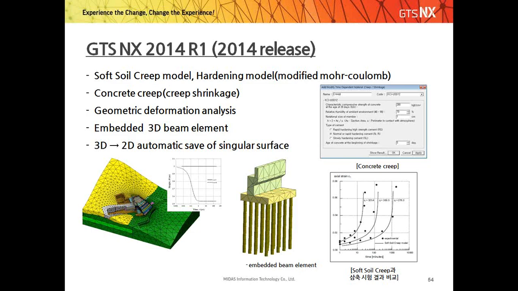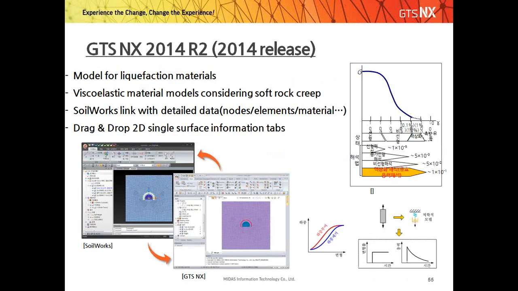Where concrete is used, we will also be able to consider the creep effect on the concrete at that particular point. We could also consider geometric deformation analysis, and we would have the embedded 3D beam element, as you can see in the figure, and the automatic conversion from 3D to 2D of the singular surface.